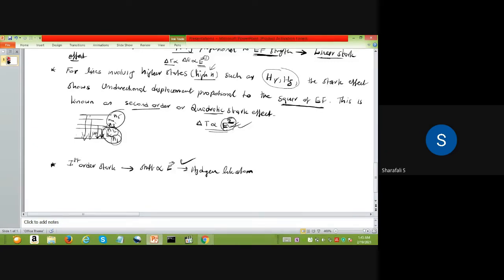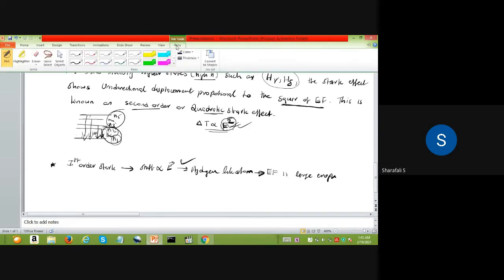And it occurs only when the field is large enough. This first order Stark effect occurs when the electric field is large enough for the fine structure to become negligible.